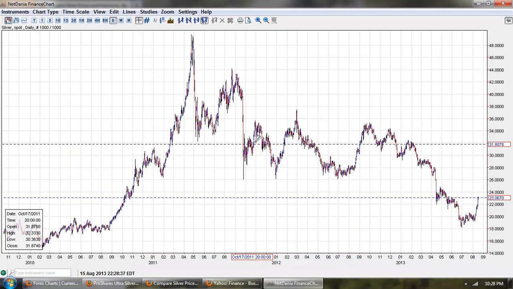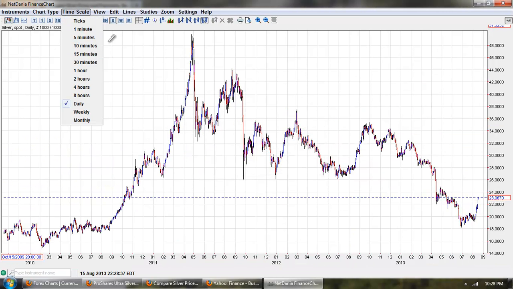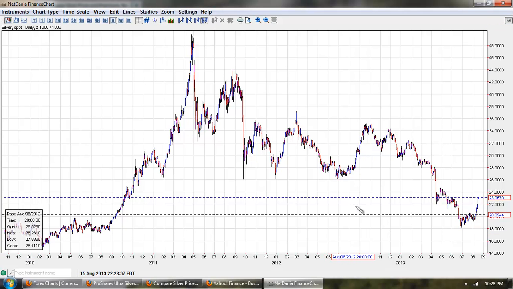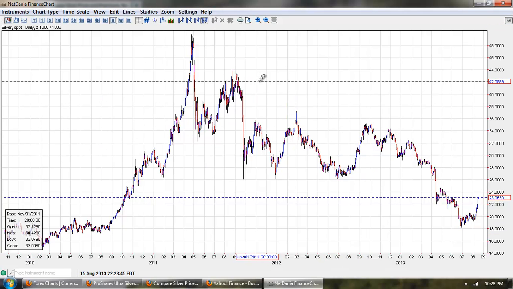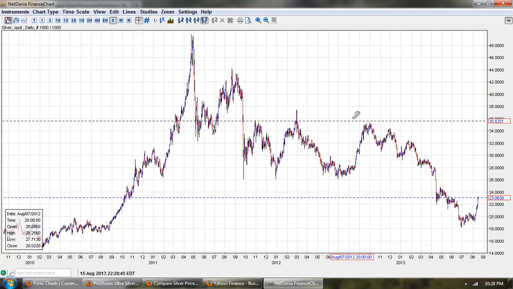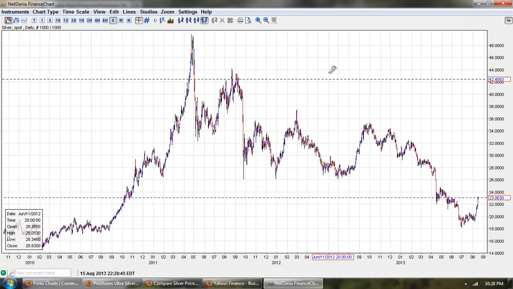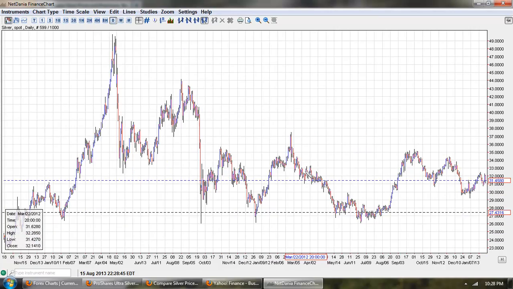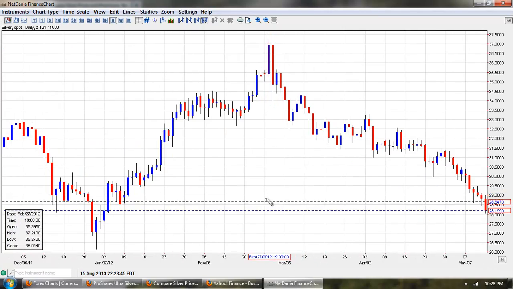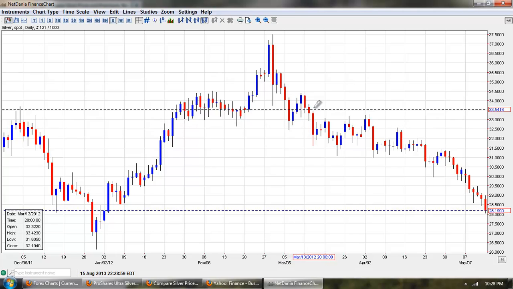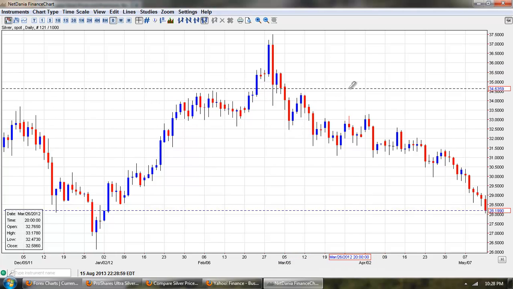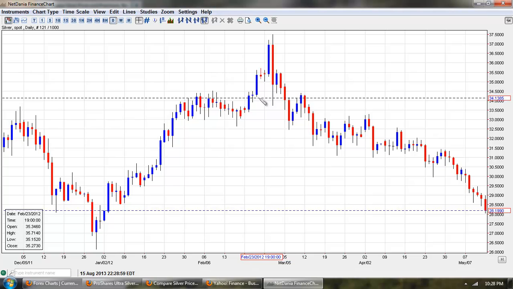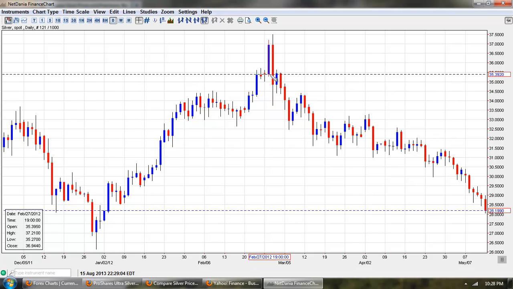And just let me take you back historically to show you in the daily. Now, we know how dramatic the moves can be to the downside, but there can also be very, very dramatic moves to the upside. If we zoom in on the daily, you can see you had a $2 move right here.